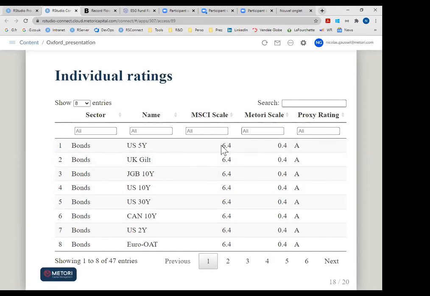So basically, we take the MSCI scale, which is between 0 and 10, and translate it into our scale between 0 and 1 with a straightforward, unique transformation. Then we compute our ESG risk within this scale, and we retranslate it into the MSCI scale. And that's how we do it.